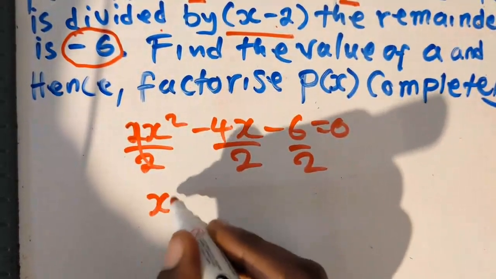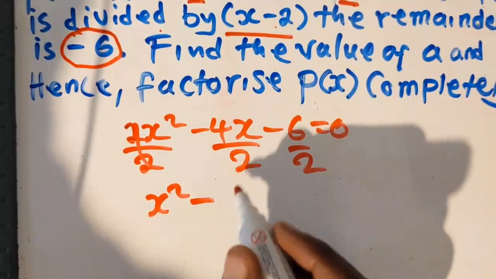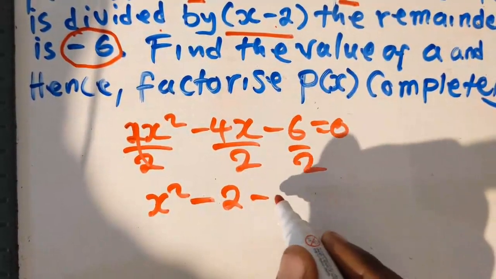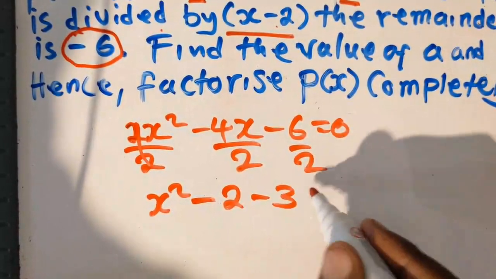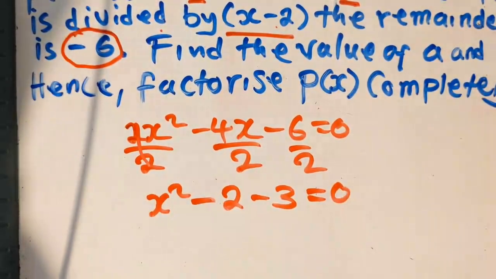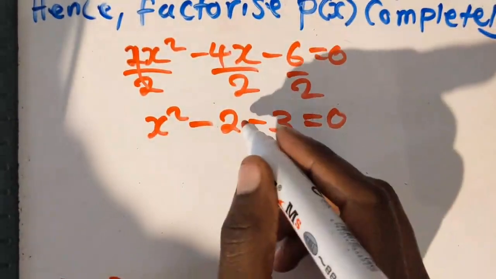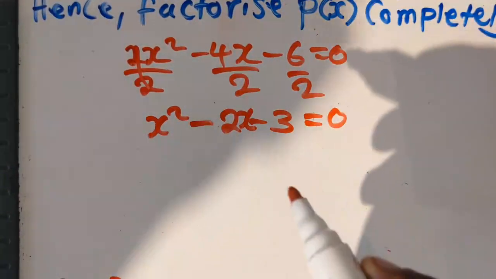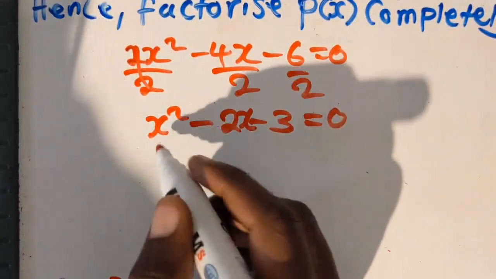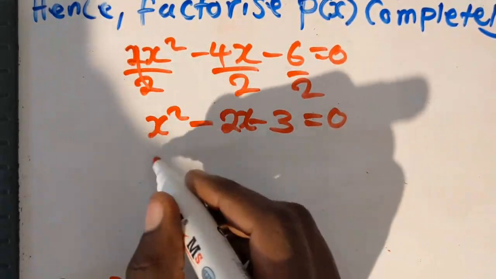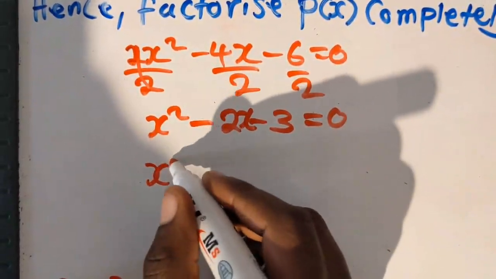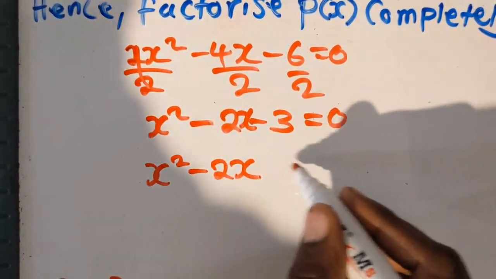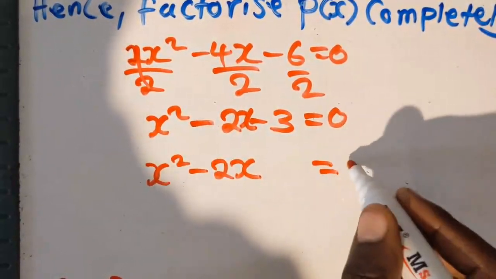So we have x squared minus 2x minus 3, having reduced this. We copy x to the power 2 minus 2x, then leave a space here, equals 0.